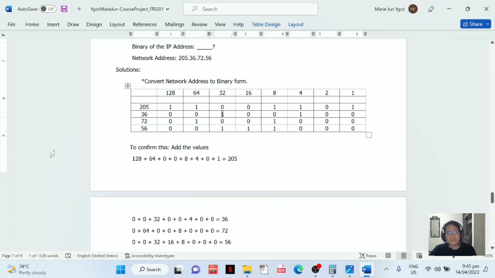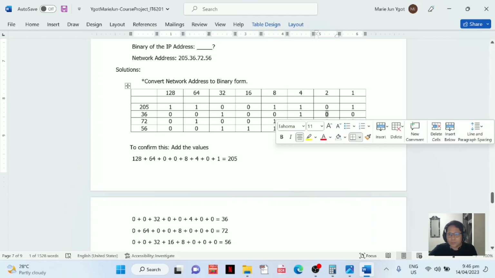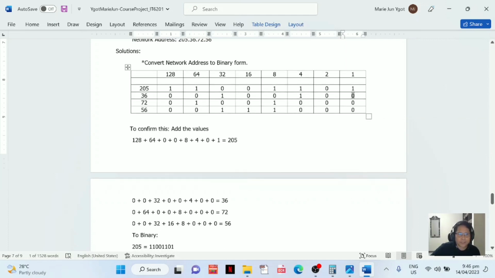So we only have 4 left. We cannot use 16, and we cannot use 8. So all we need is 4. That's why we have 1 here, and the rest is zeros. See?